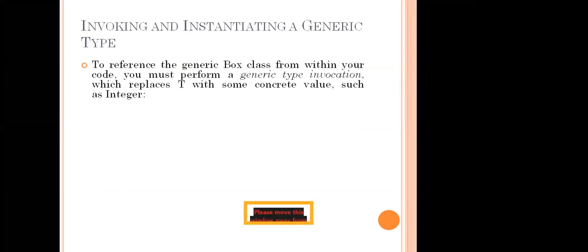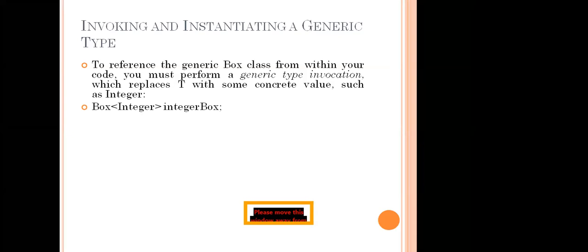To replace T in the generic Box class within your code, you must perform a generic type invocation, which replaces the T with some concrete value such as Integer.